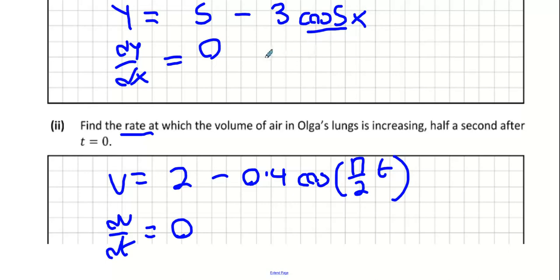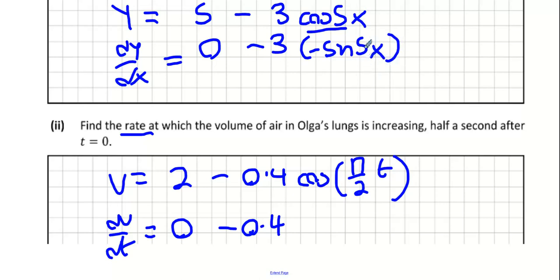It is minus sine. Good man. The minus 3 goes straight through. The minus 0.4 goes straight through. The angle never changes. So it's minus sine 5x. What's the missing part? Differentiate the angle and get 5. So it's actually, the two minuses make a plus, don't they? So it's going to be 15 sine 5x.